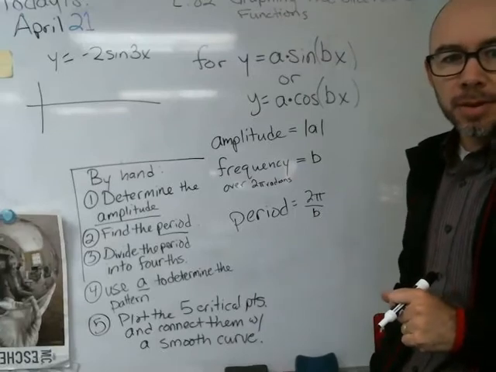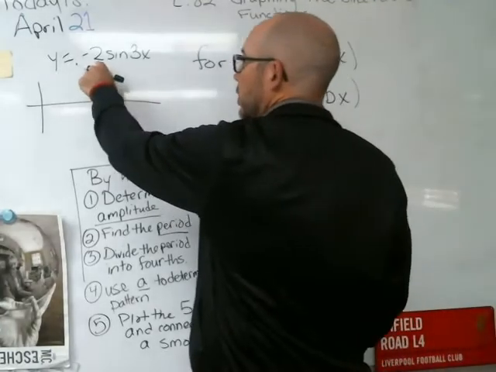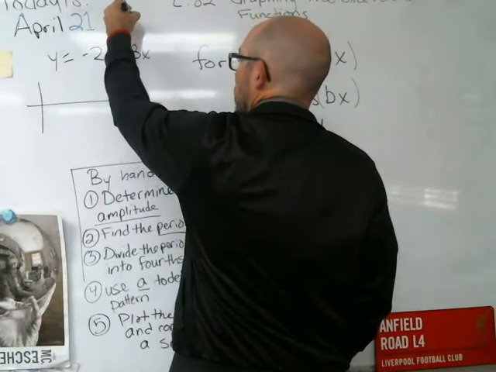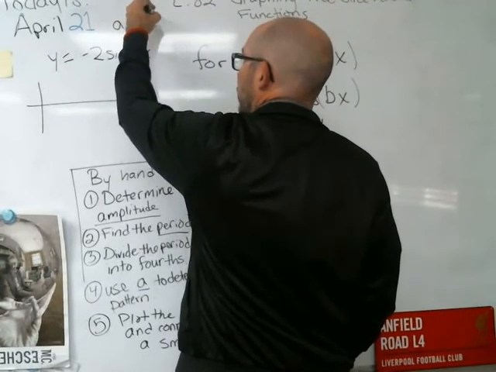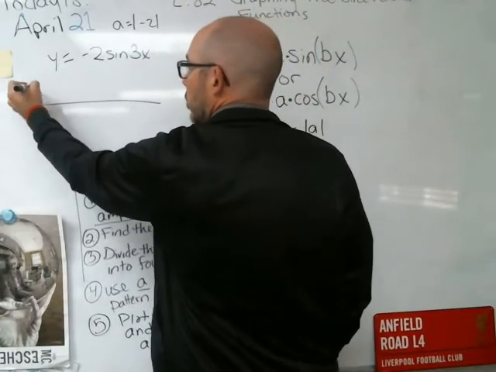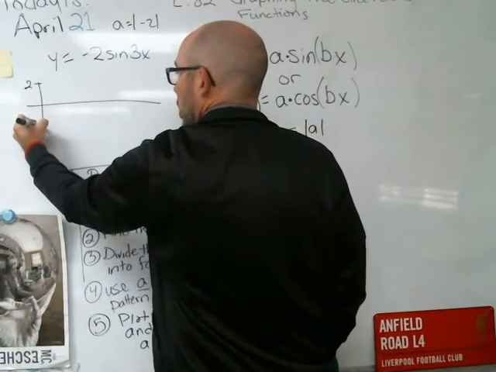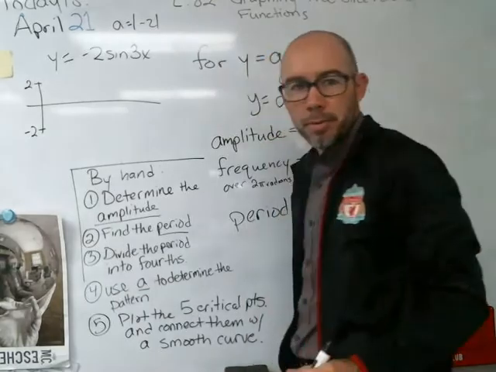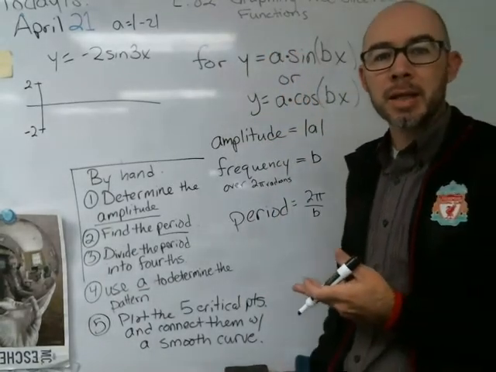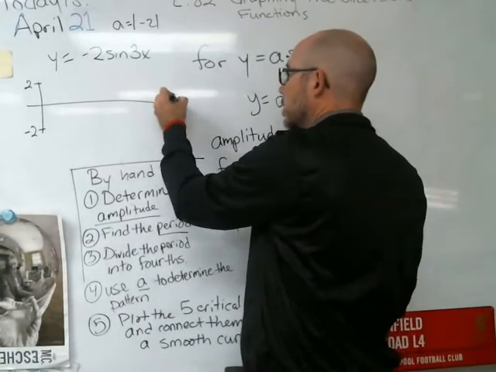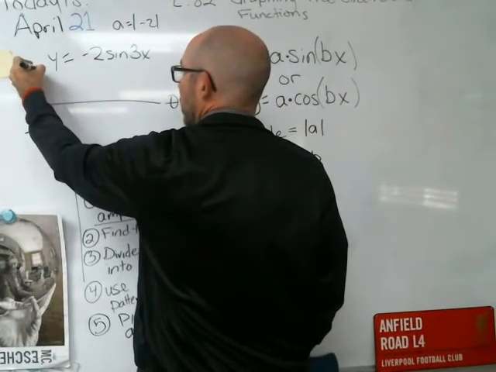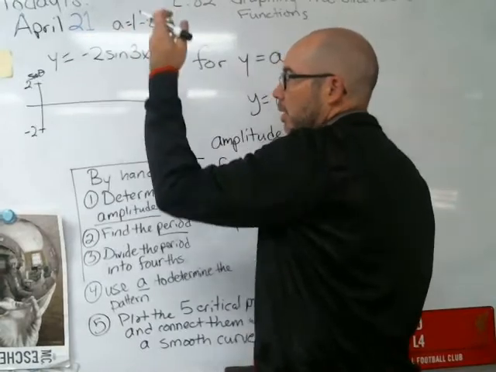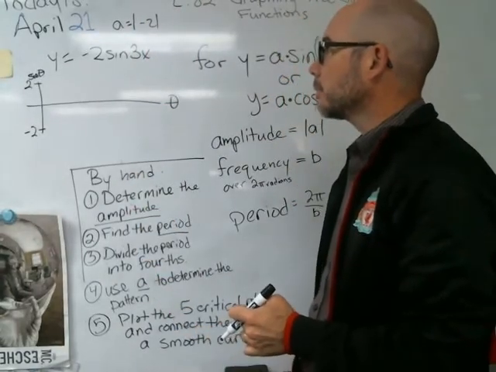And then first I'm going to determine the amplitude. The amplitude is the absolute value of -2. So the amplitude is 2. It's going to go up to 2. It's going to go down to -2. So now I've labeled that axis there. I'm going to say this is the angle, and this is the sine of the angle. This is the function. So that's the value that pops in.